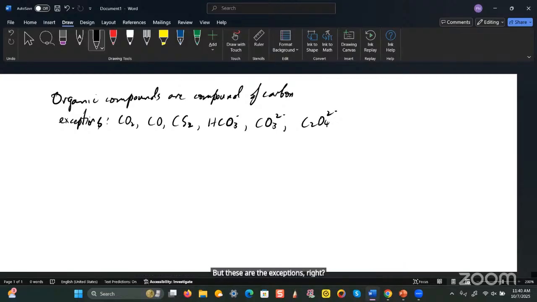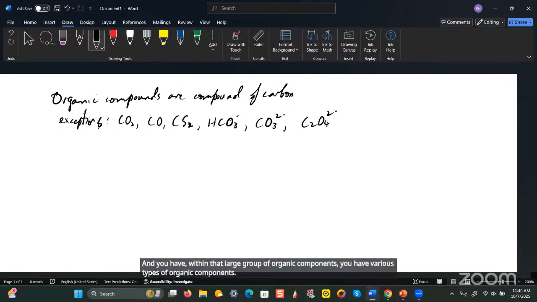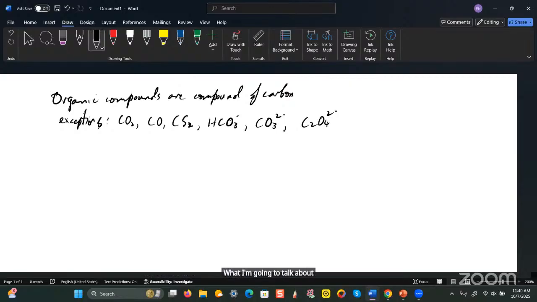Now, you have within that large group of organic compounds various types of organic compounds. What I'm going to talk about specifically are two types of organic compounds. One type, which are known as hydrocarbons.